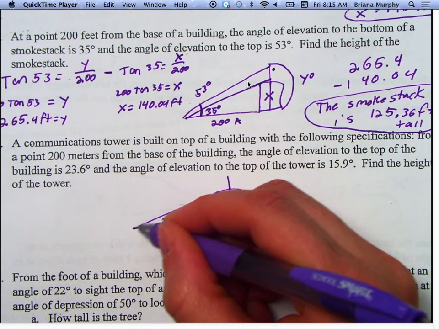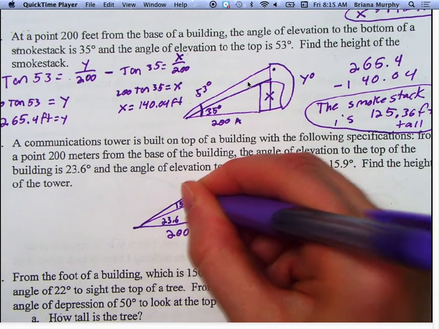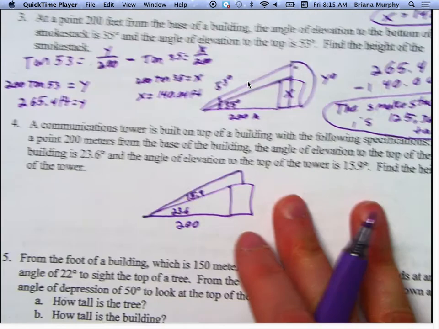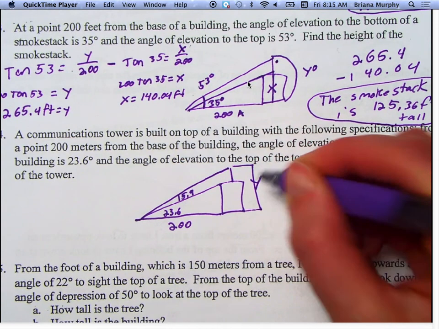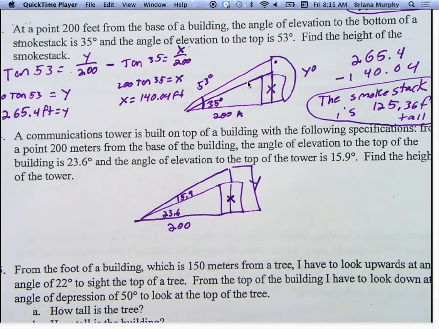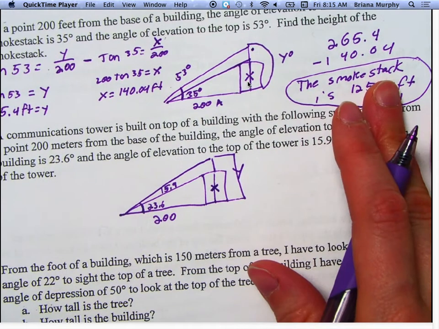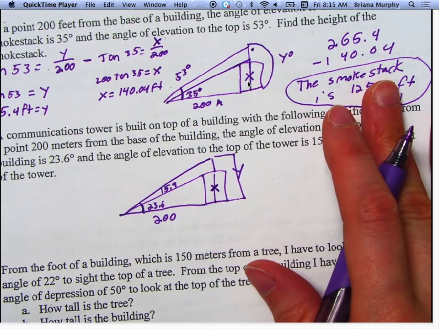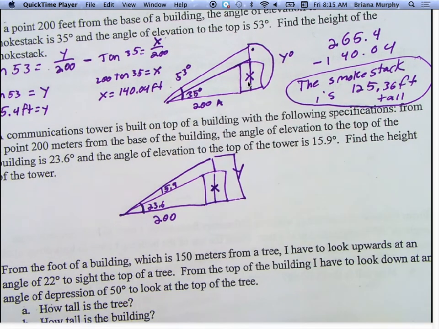And then the angle to the top of the tower is 15.9. So we're going to do it very similar again. This whole thing is y. This is x. We're going to do the same thing, tan again. We have to subtract, but I have to add together my two angles in this case. Oh, no. This whole thing is 23.6, so I don't have to add them together.